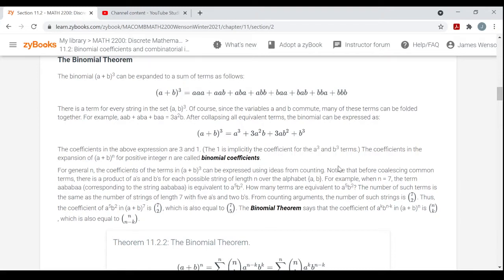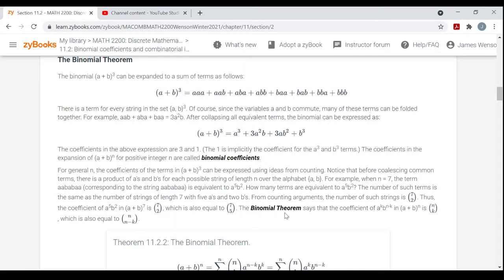So it's just these coefficients of a binomial expansion, a binomial raised to a power, are just combinations, just counting numbers. So the number of such terms is the same as the number of strings of length 7 with 5 a's and 2 b's. So from counting arguments, the number of strings is 7 choose 2, or 7 choose 5. Remember, 7 choose 2 is the same as 7 choose 5.